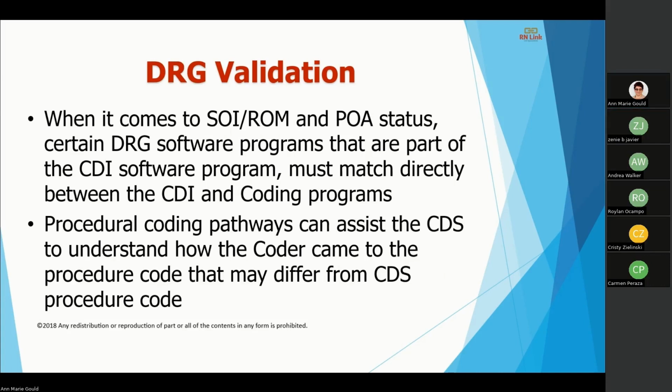And then, of course, your procedure coding pathways can assist the CDS to understand how the coder came to a procedure code that may be different than the procedure code the CDS captured. It could be something so simple as, is it an open or is it a percutaneous? Or is it a percutaneous endoscopic, which is your LAP, right?